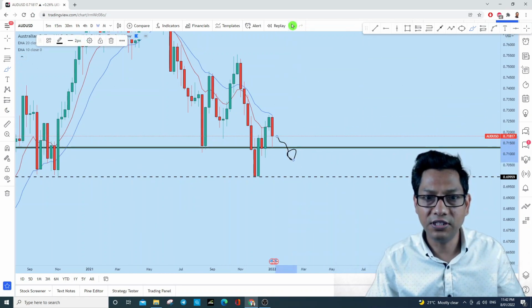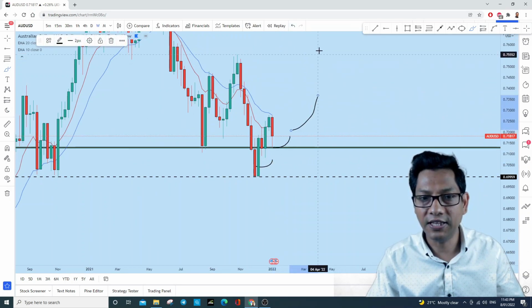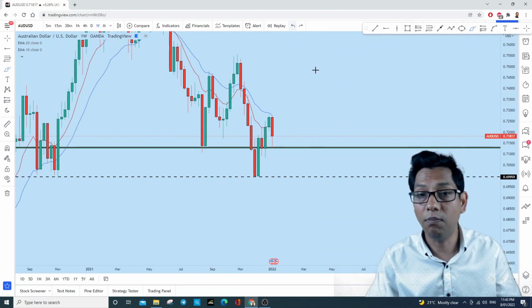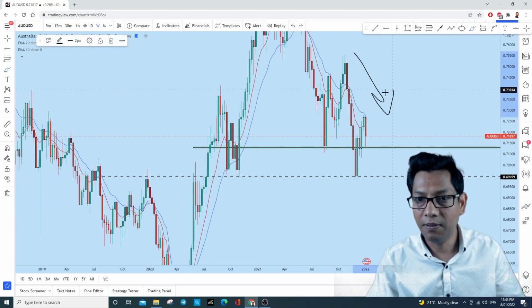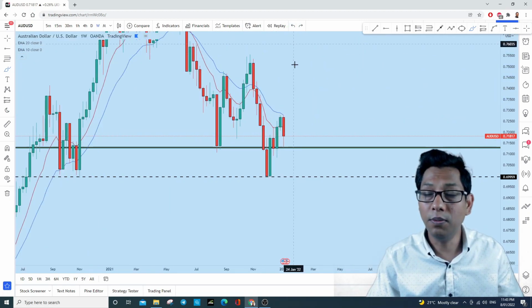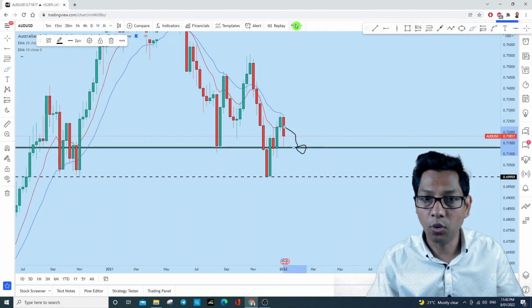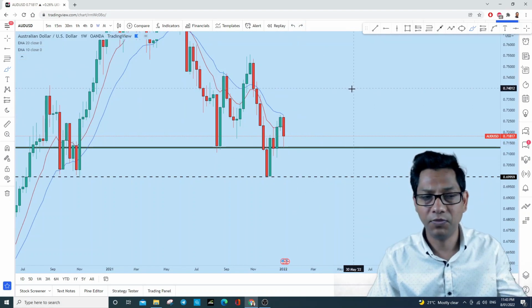As you know, after this bearish engulfer, though the buyers are now prominent in this market, overall market structure is still bearish. You see there is a strong downtrending market, so we might see another push to the downside in the upcoming week on AUDUSD.